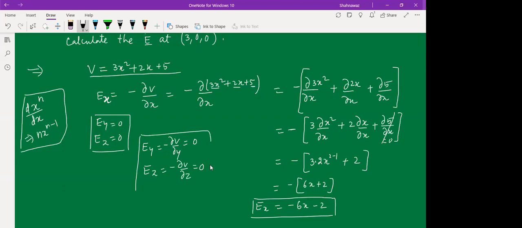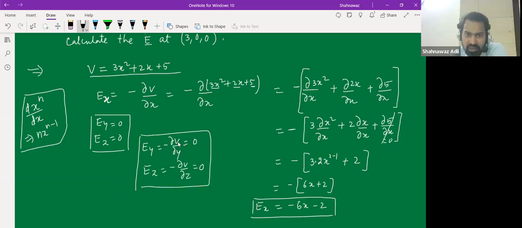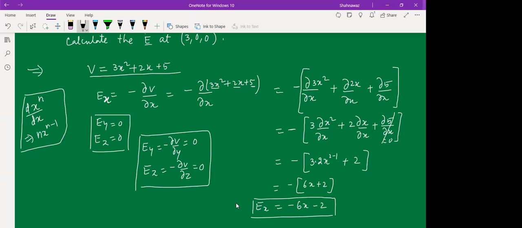V will not be a function of y and z always, because for the case of y, all the rest are constant. So x is constant, so the whole quantity is a constant. If we calculate the change in constant terms, that would be 0. So this is why this is 0. Similar case for z. Understood? Yeah, is that clear? Yes, sir.